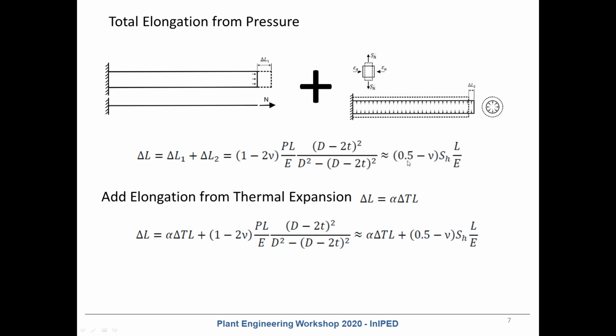It's 0.5 minus Poisson factor multiplied by hoop stress and the pipe length divided by elastic modulus. And also we can add here the thermal expansion elongation of the pipe, so the final equation will be like this.